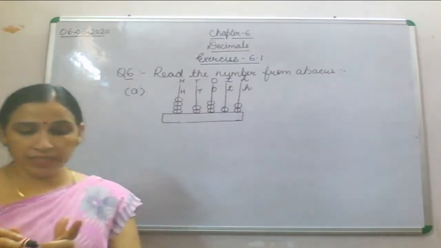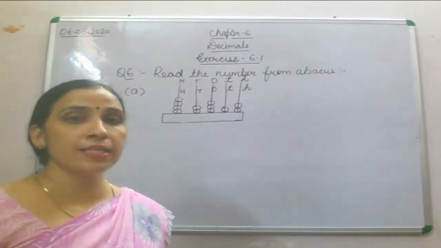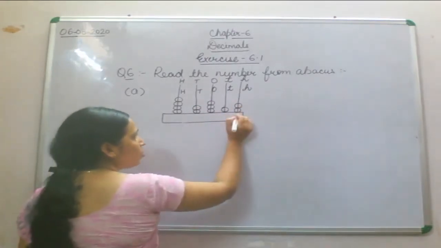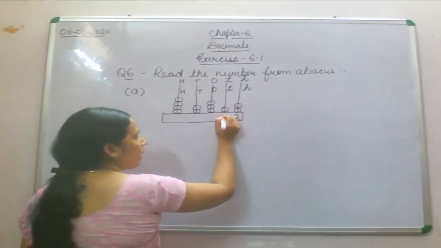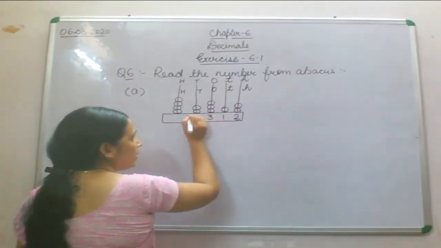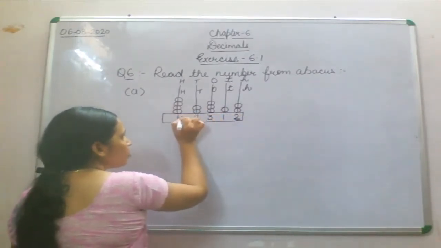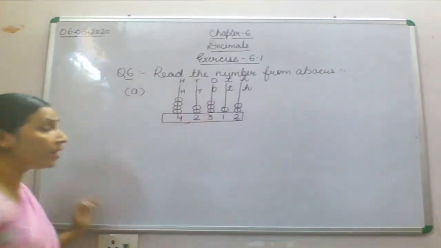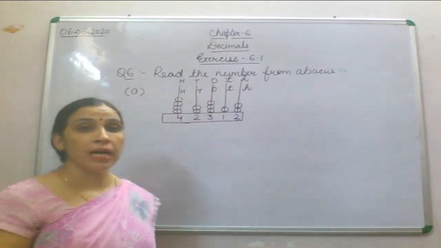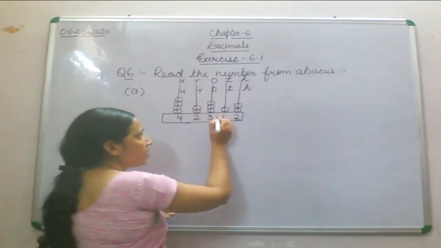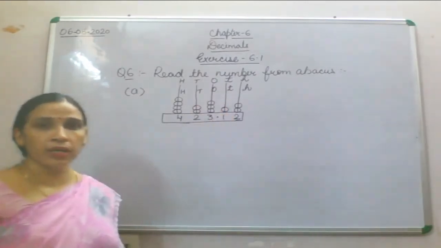Small h means that is again your decimal place. So we will count the number of beads here: 1, 2, 1, 3, 2, 1, 2, 3, 4. We will write the number of beads here. Where are we going to put the decimal? After this ones place, we are going to put the decimal over here.